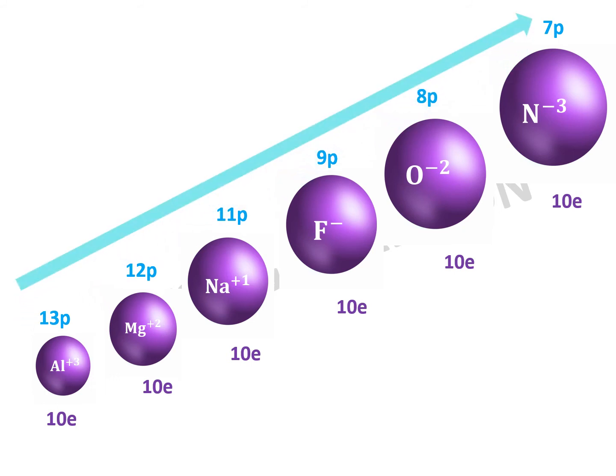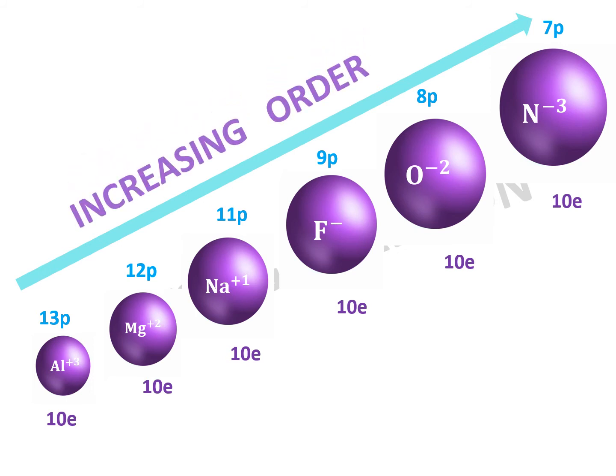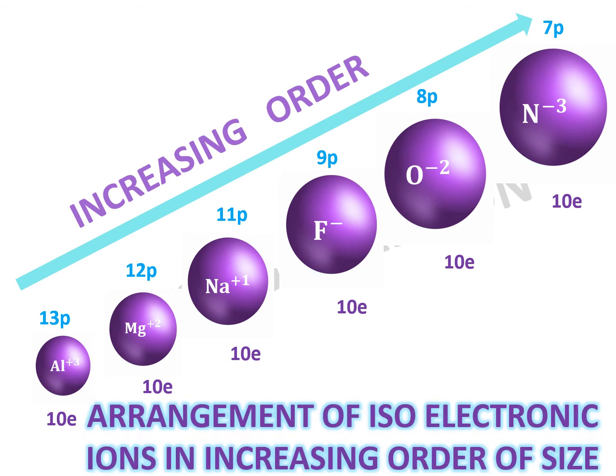We can see that the size is increasing as we move from left to right for the isoelectronic species because of decrease in the nuclear charge. So this is how isoelectronic species are arranged in increasing order of size.